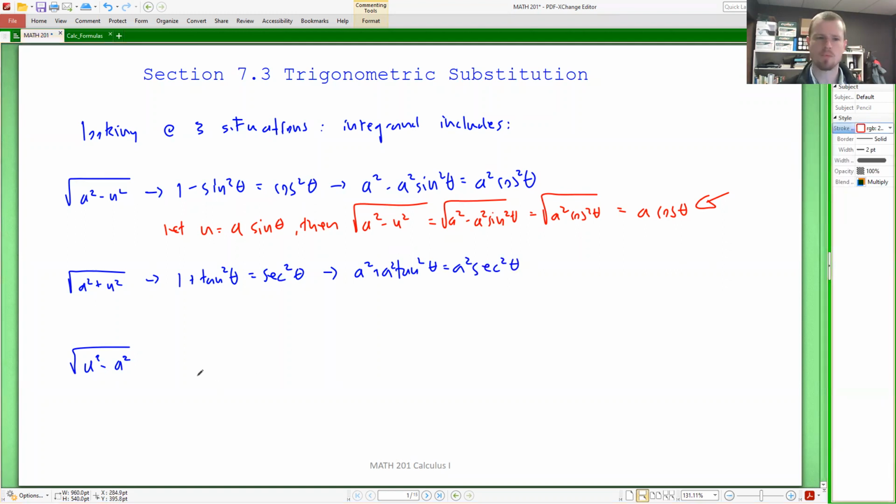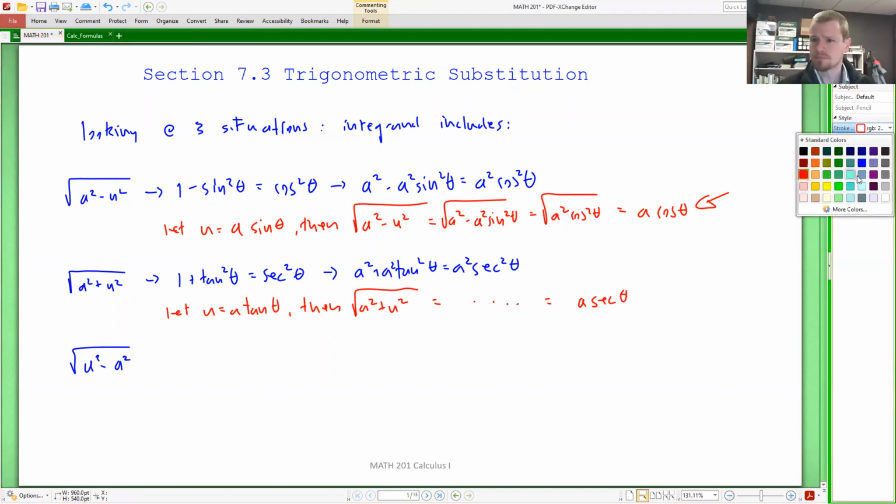So similarly, what we'll find is if we let u be equal to a times tangent of theta, then the square root of a squared plus u squared is going to be equal to, right? We plug in, perform our substitutions, and this is going to simplify to just a times secant theta. And we have techniques for evaluating integrals that involve secant and tangent, so that's fantastic. We have methods for evaluating integrals that involve sine and cosine, so that's fantastic.